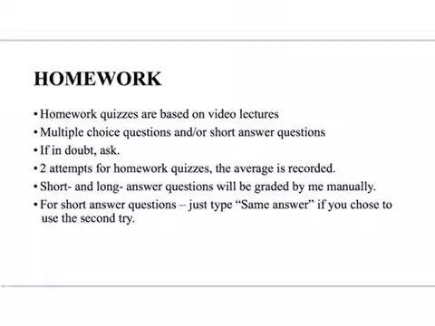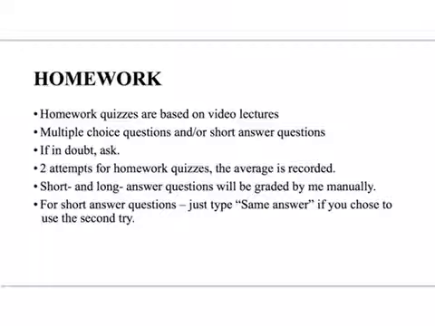So if you type your answer for the short answer question, you have to type something if you decide to take a second try, because if you don't, I can't assign a grade to the empty space. So I will see both your attempts right next to each other, so make sure to just type the same answer or something like that, so I assign the grade to both attempts.